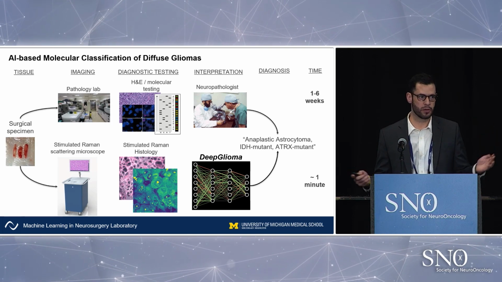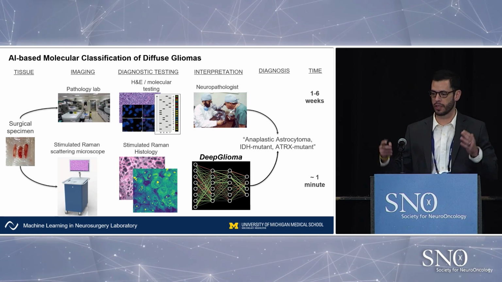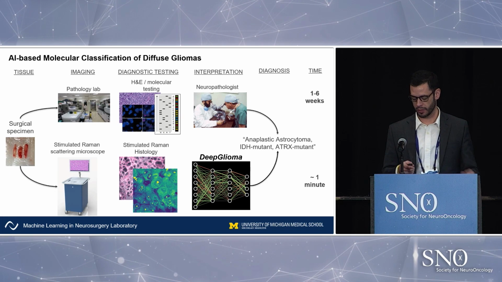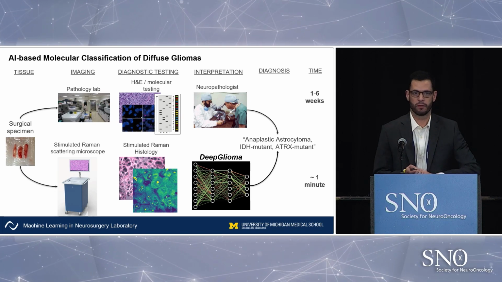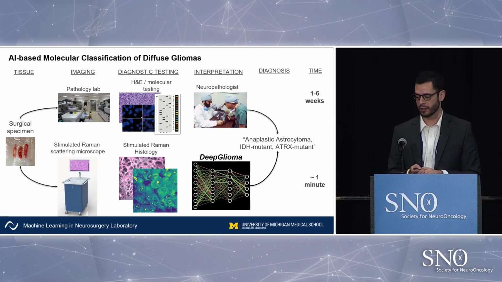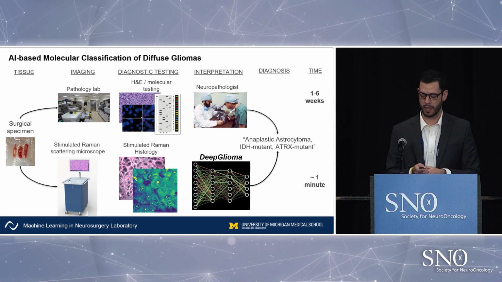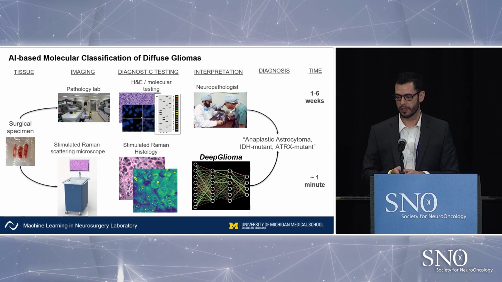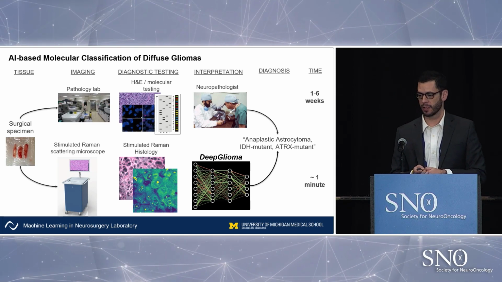Those are all integrated using a neuropathologist or a team of people in order to integrate that into a single diagnosis that gets rendered at some point in the future, up to 1 week to 6 weeks, depending on the lab and how seamless this workflow is. For example, methylation testing still at the University of Michigan takes 6 weeks as a send-out test.